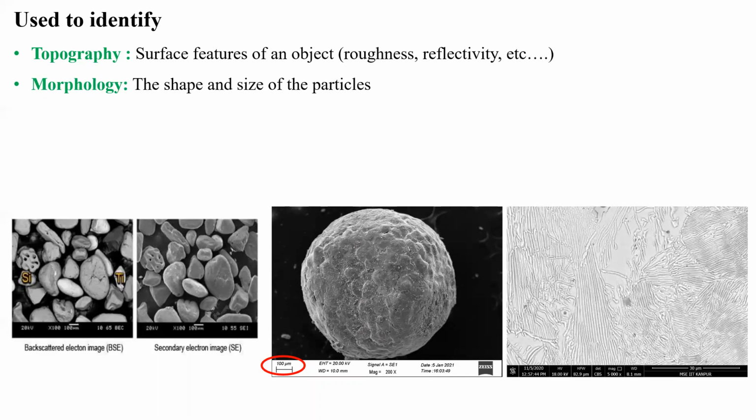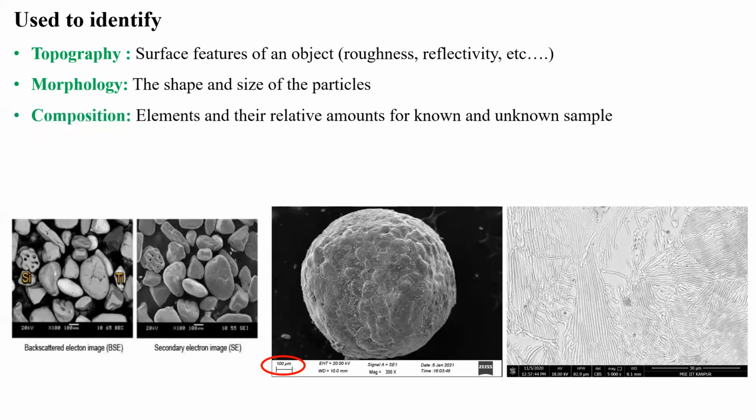Here we can see below a circular sample in the middle, and on the left-hand side a triangular shape or irregular shapes. If you want to measure the size and shape of a particle, we can measure that. Next, composition.